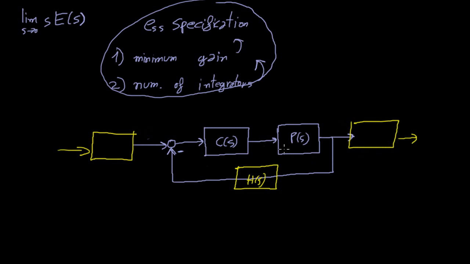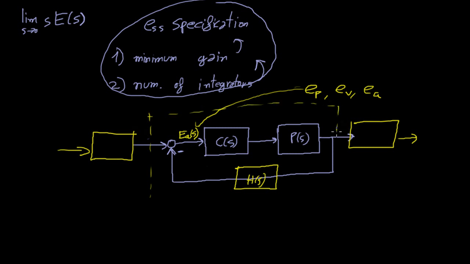It depends on how we define EP, EV, and EA. If they refer to the acting error Ea of s and the input to the loop, then the table is okay and it is valid in all cases.